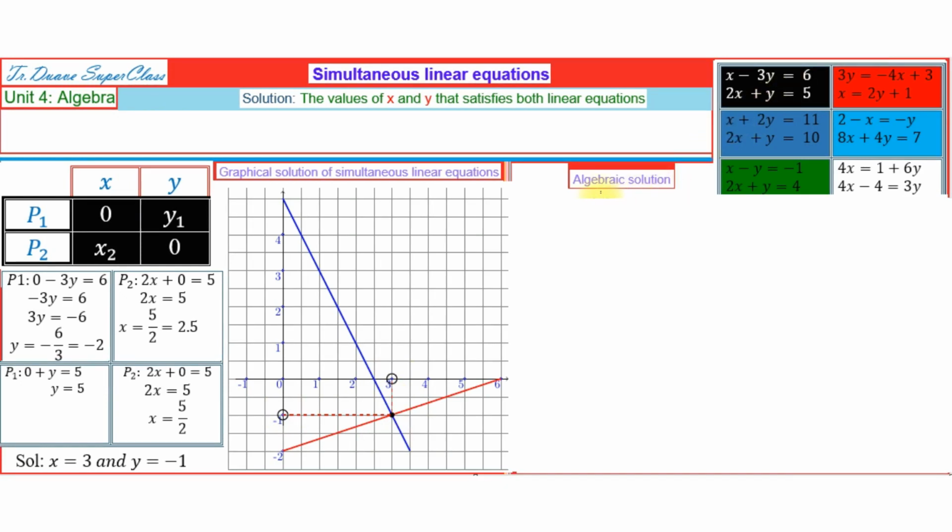Now, the algebraic solution. To work it using the algebraic method, we have many possibilities, but here we will use elimination and the mixed method. Elimination basically means you eliminate the value of x and find the value of y, then you eliminate the value of y and find the value of x.